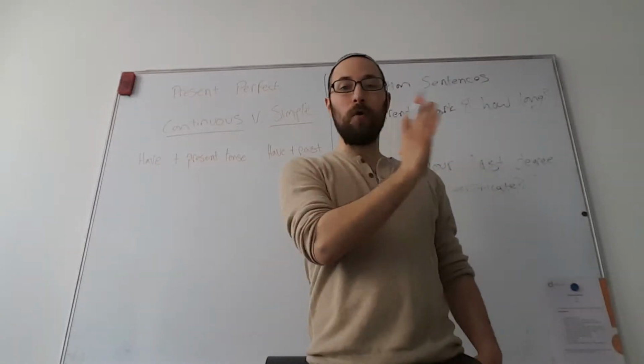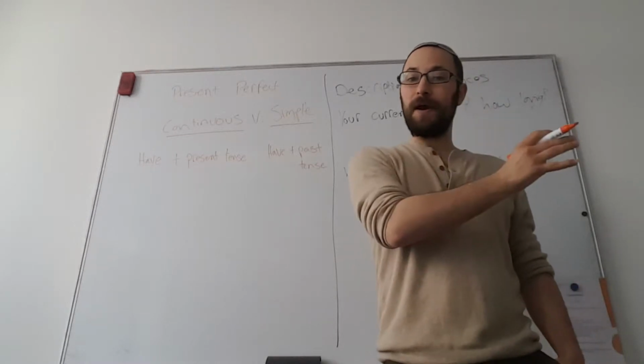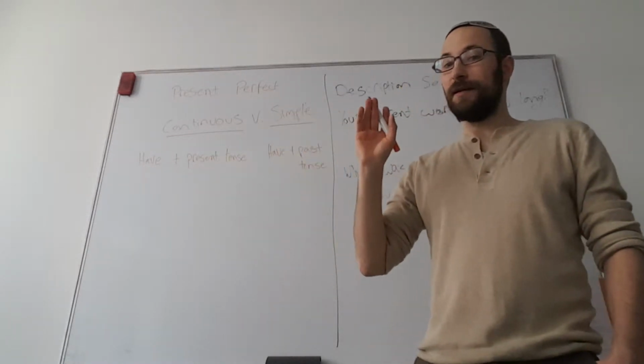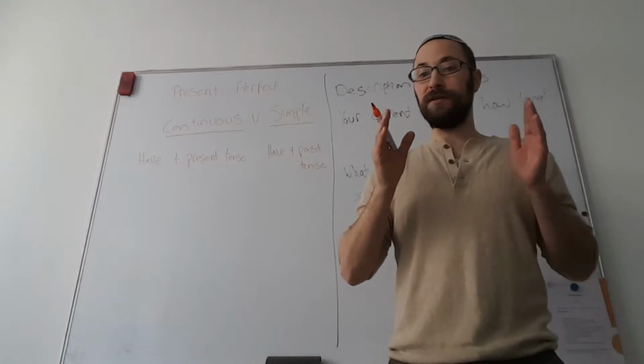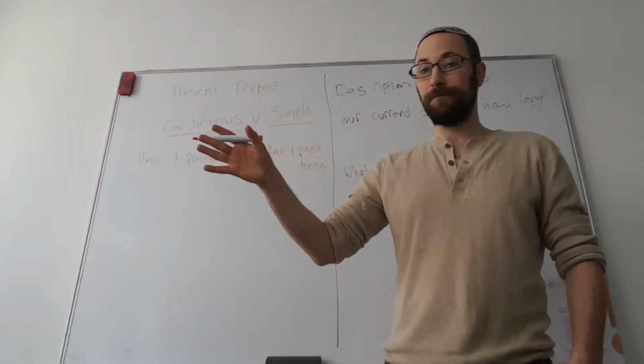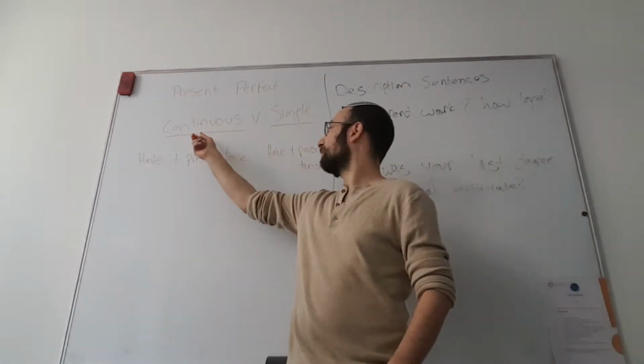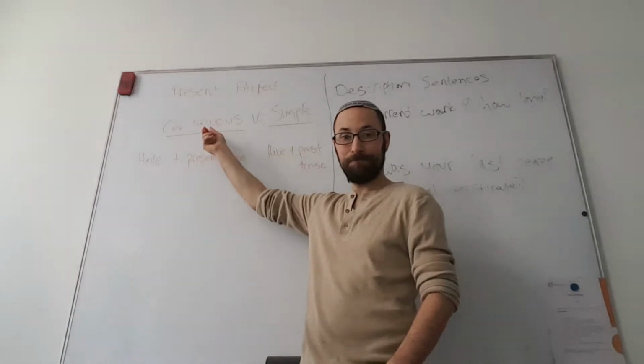Something that you were working on or did or happened sometime in the past that is not only still happening at this very moment, but will be continuing on. Okay? This is why we have the present perfect continuous.